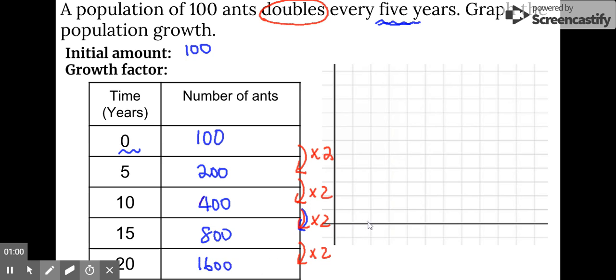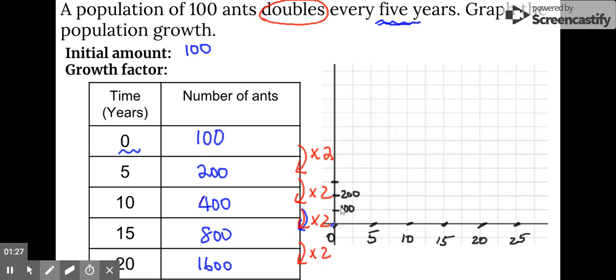All right, so let's plot it. This is going to be 0, and I'm going to go up by 5 and 10 and 15 and 20. Let me stop. Okay, it's 25. And I'm going to go up by 100. So it's 100, 200. You know what?